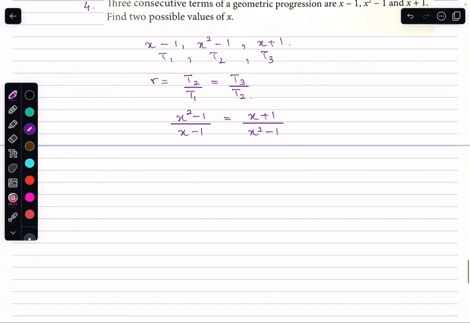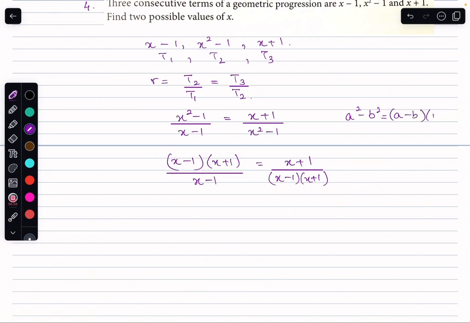Solving further, x squared minus 1 can be written as x minus 1 and x plus 1, divided by x minus 1. And this can be equal to x plus 1 divided by, again, x minus 1 and x plus 1. So I've just applied the identity which says that a squared minus b squared can be written as a minus b and a plus b.